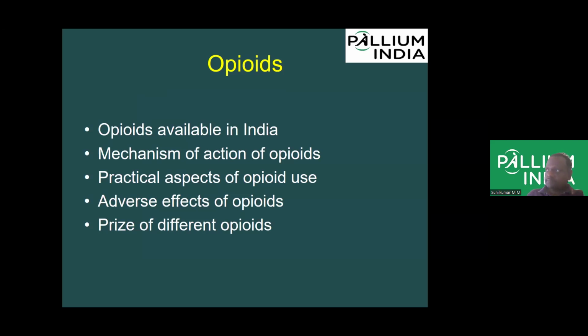Then another important aspect is the adverse effects of opioids, which we should know very thoroughly. And the last one, but not the least, you should understand the prices of different opioids, because it is going to affect the patient.